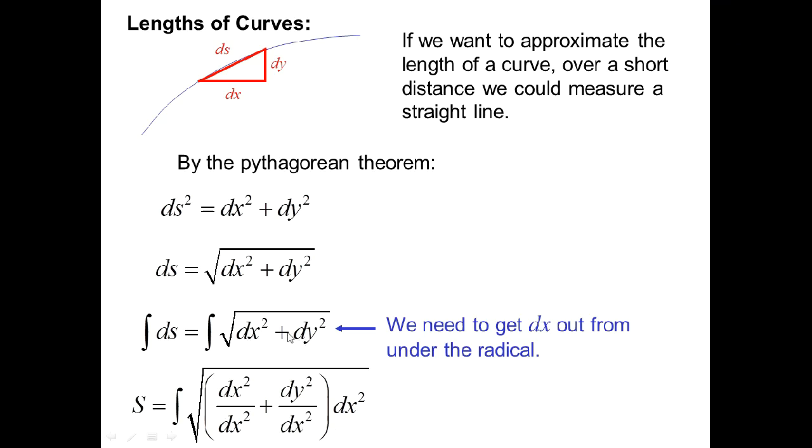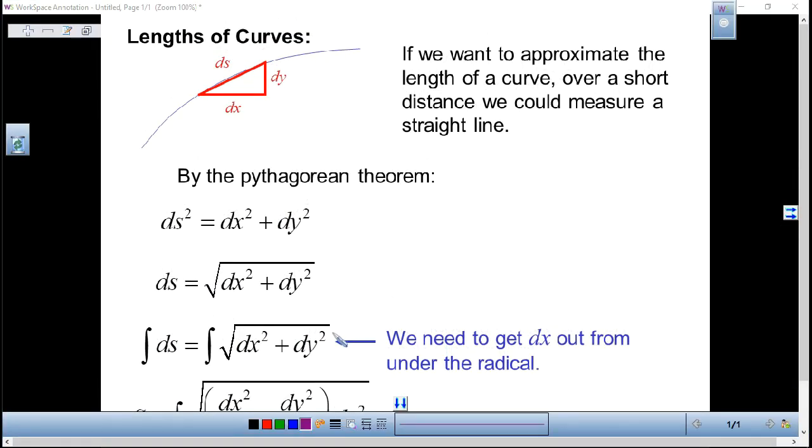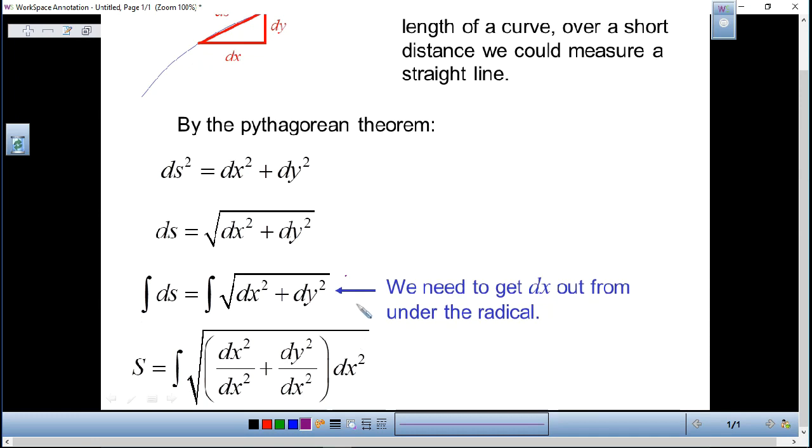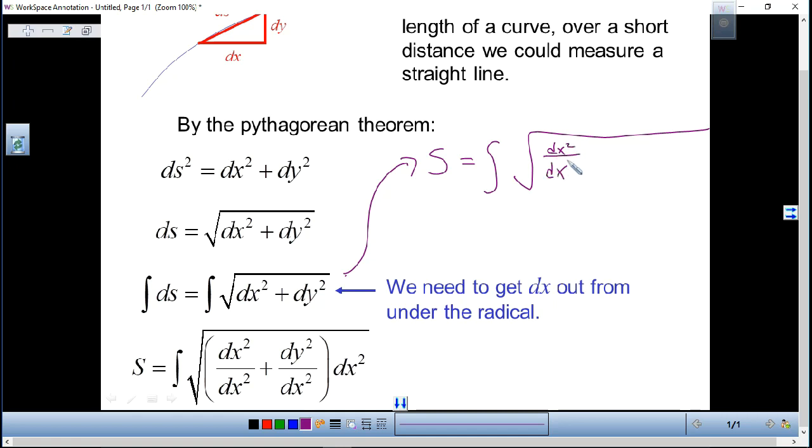Let me show you a little different here, because that jump right there doesn't exactly give what you need to see this, I think. So s is equal to the integral of the square root. And what we're doing is we're multiplying by dx squared over dx squared times what we already have here. dx squared plus dy squared.